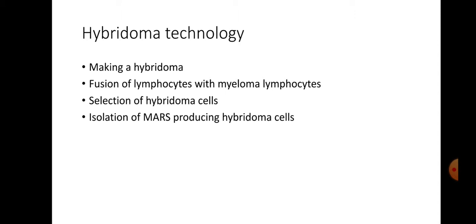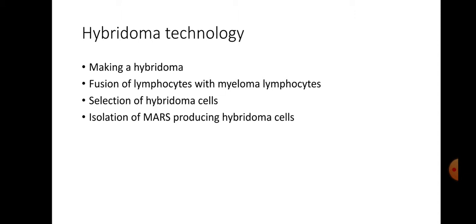The next step is isolation of monoclonal antibody producing hybridoma cells. After selection of the hybridoma cells, we need to isolate the monoclonal antibody producing ones. If all the hybridoma cells selected using HAT medium are grown together, a polyclonal antibody mixture would be obtained. Consequently, single antibody producing hybridoma cells need to be isolated and grown individually.